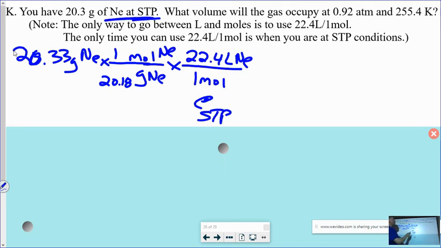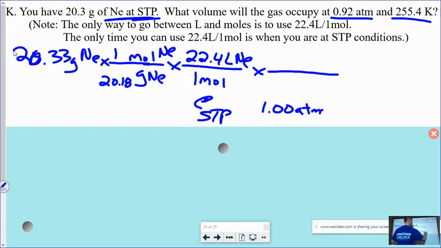We got it to liters. And now we're going to have to go to the conditions in the problem to find out the liters at the end. All right. So now we are at STP, so we are at 1 atmosphere. And we are going to have to go to 0.92 atmospheres.